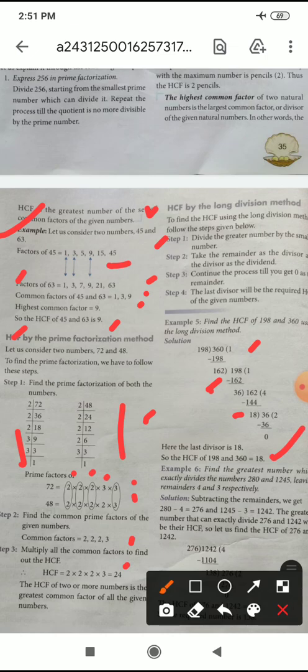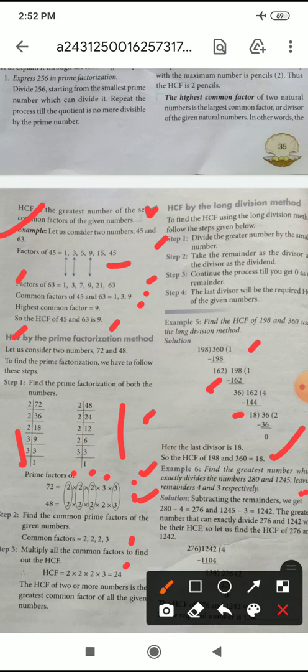Okay. Example 6, you see, find the greatest number which exactly divides the numbers 280 and 1245, leaving remainders 4 and 3 respectively. So what we do? See the solution. Subtracting the remainders we get. Here, children, it is written leaving remainders 4 and 3 respectively.